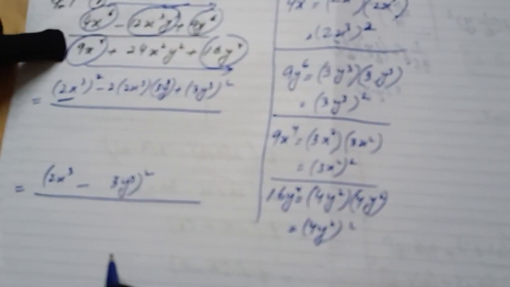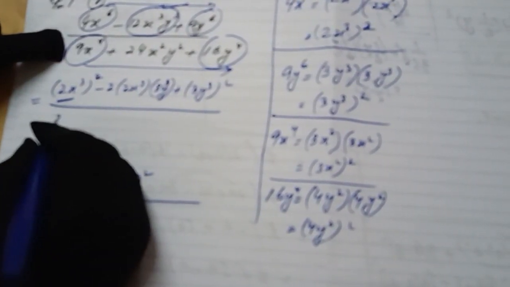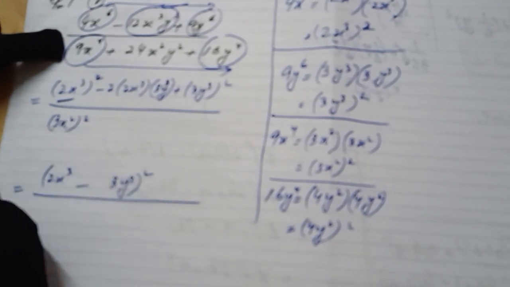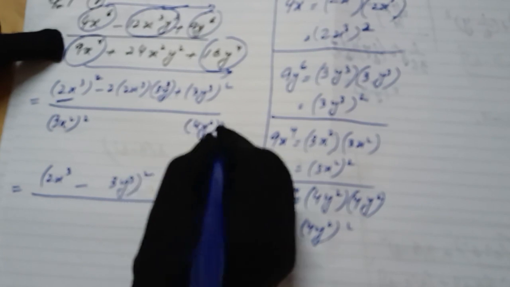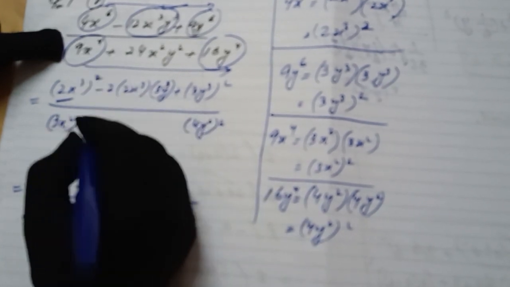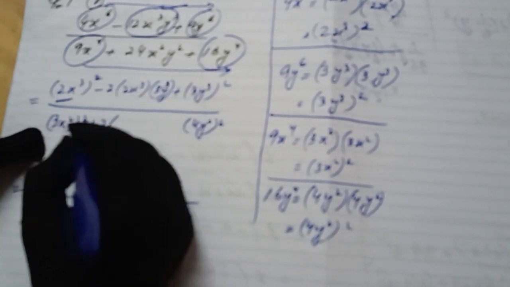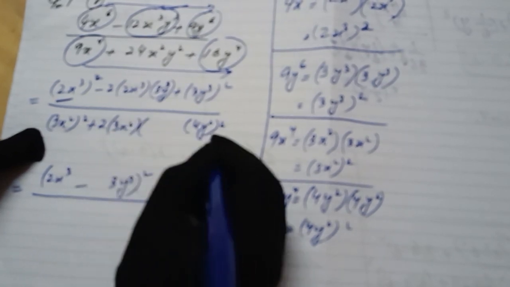So now the first term is (3x^2)^2, and the last term is (4y^2)^2. Because the central term is plus, write down plus 2 times the first term and the last term.